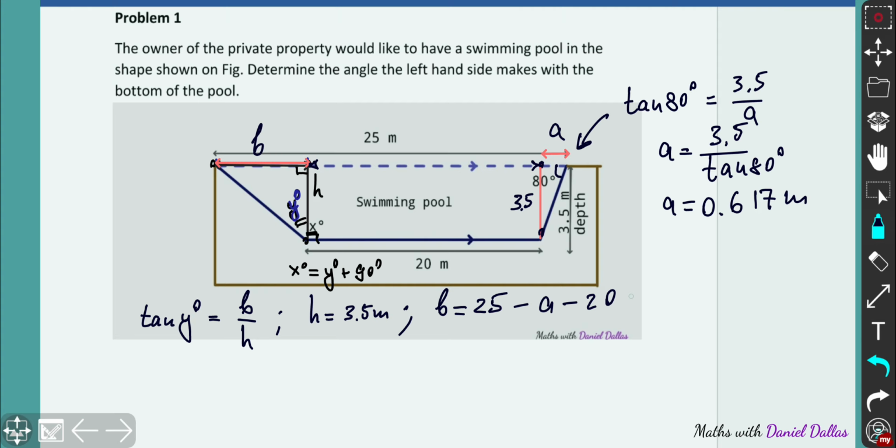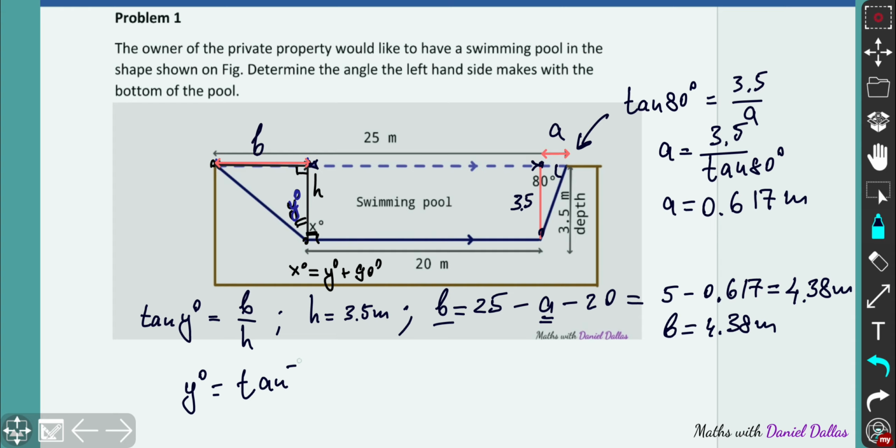Then we can calculate b by plugging a in: 25 minus 0.617 minus 20, and we get 4.38 meters. That's b that we calculated.